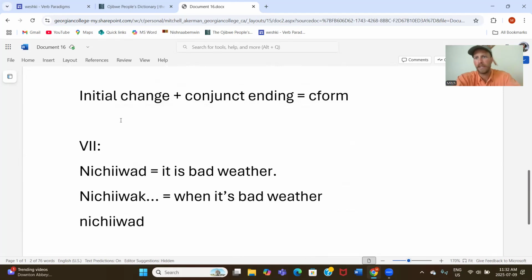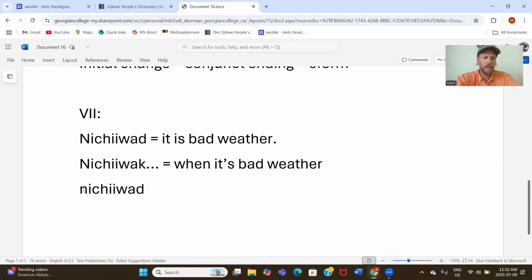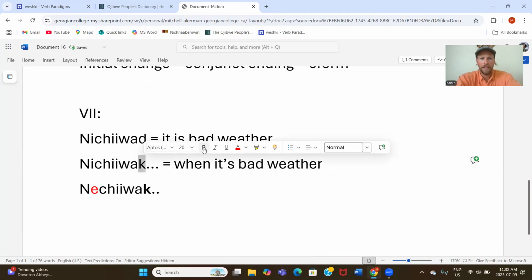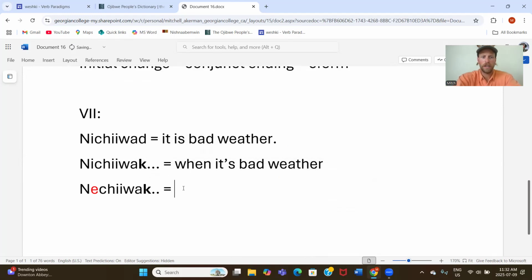And I think I had them in my last video. So here in Nichiwad, the first vowel is this short I, which becomes an E. D becomes a K because that's the conjunct ending. So we end up with Nechiwak. Initial change, B form ending. Boom. That's that. Nechiwak.